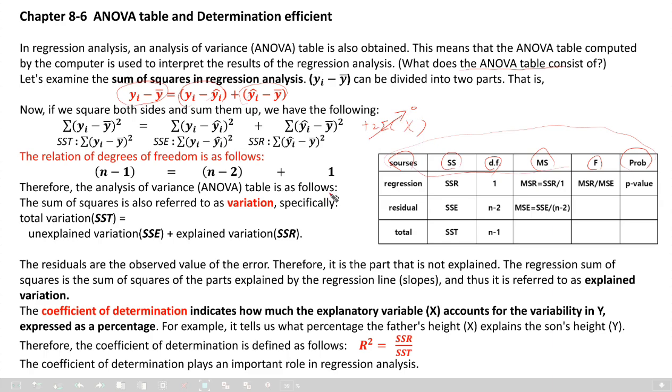So what is this one? The total sum of squares. That is, the sum of deviations squared is the total sum of squares, right? Plus this one is what?